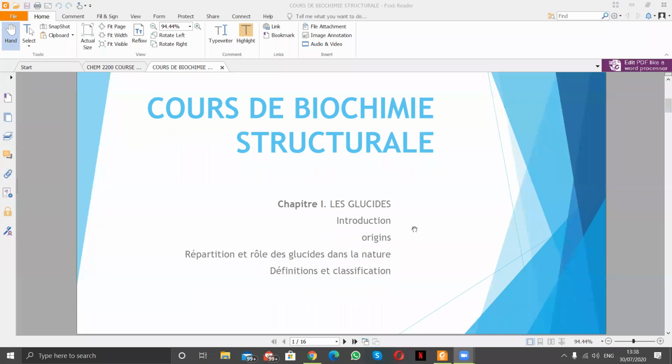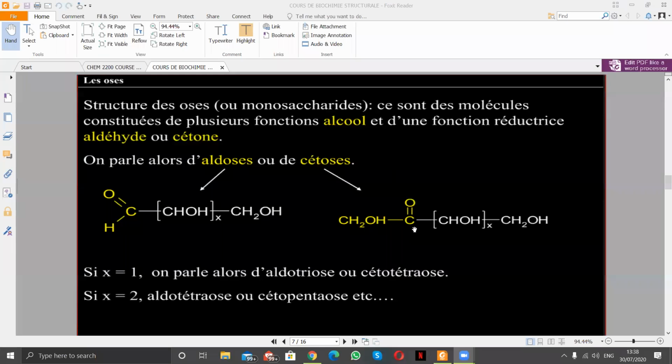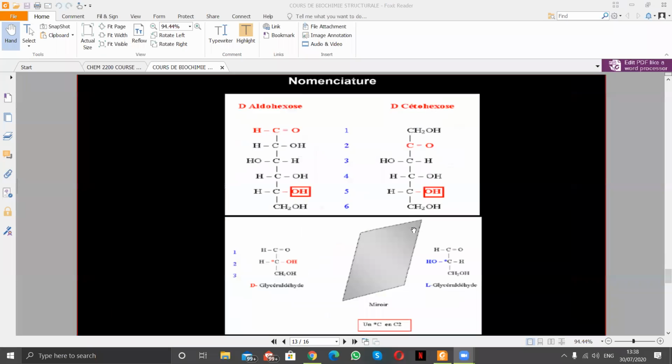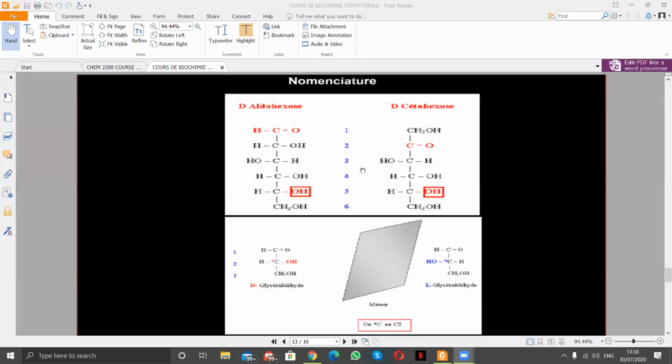Okay. Configuration of the D and L, how it comes about.